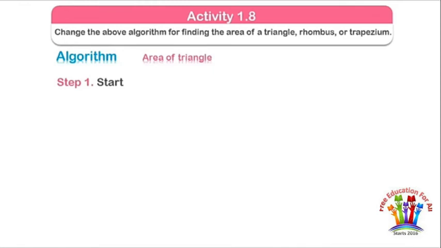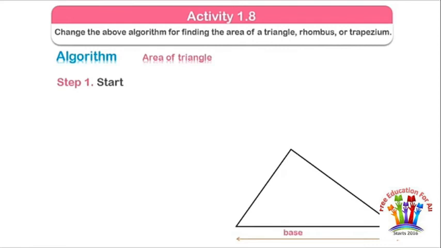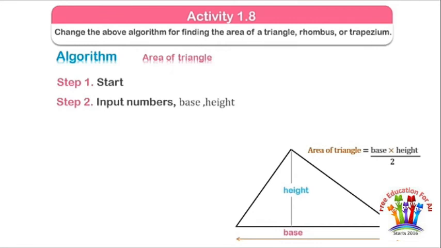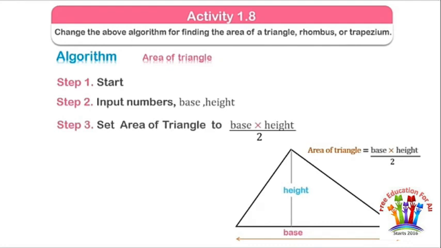And you know there are three parts of a triangle, and the first is the base, and the formula is base multiply height divided by 2, and then we will enter base and height as input. Then we'll set area with the formula base multiply height by 2, then output area of triangle, and that will be the end.